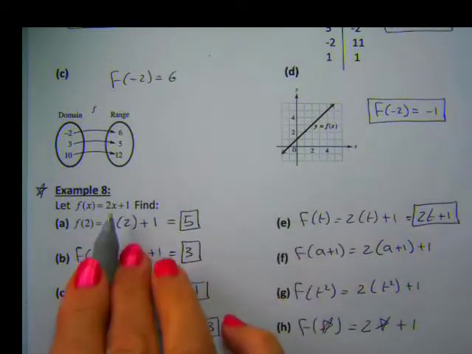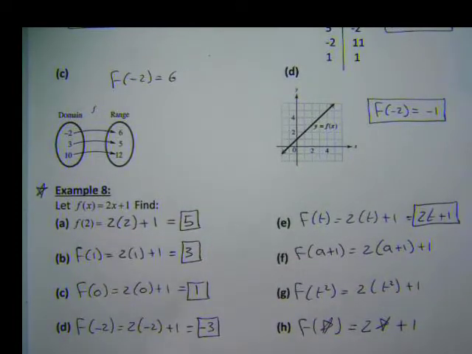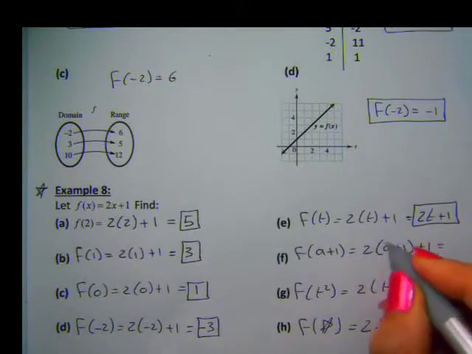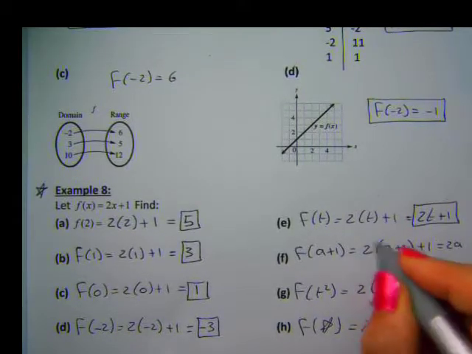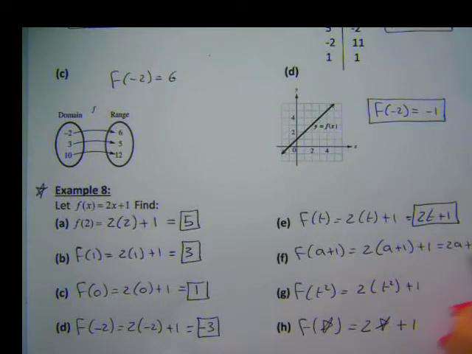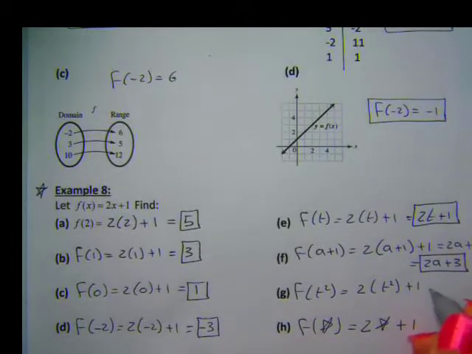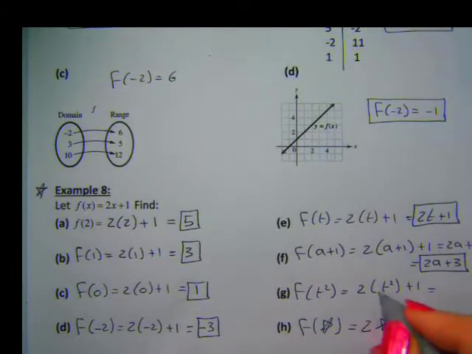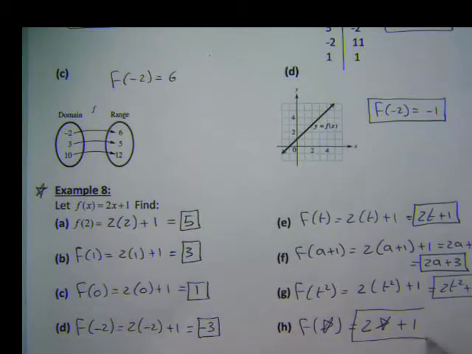That's it. It's just like 2x plus 1. It's 2t plus 1. What about this? This is 2a plus 2 plus 1, or 2a plus 3. What is f of t squared? 2 times t squared plus 1, and we cannot simplify anymore, and obviously we cannot simplify a star.